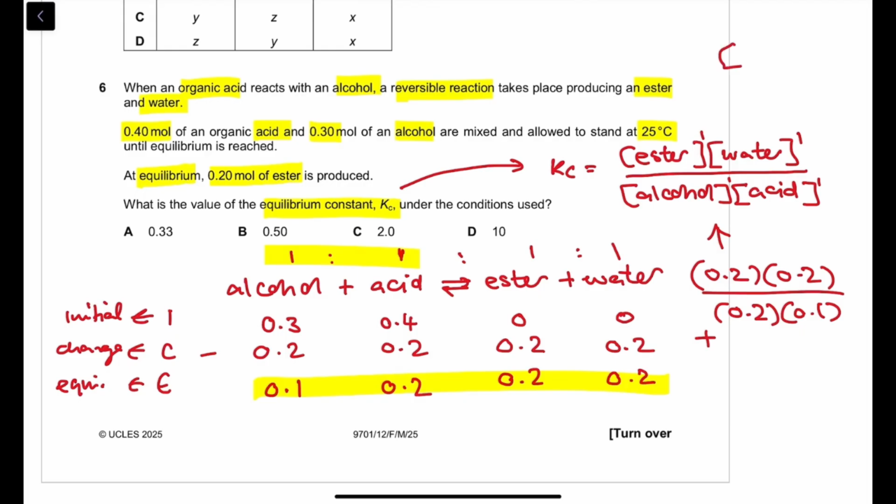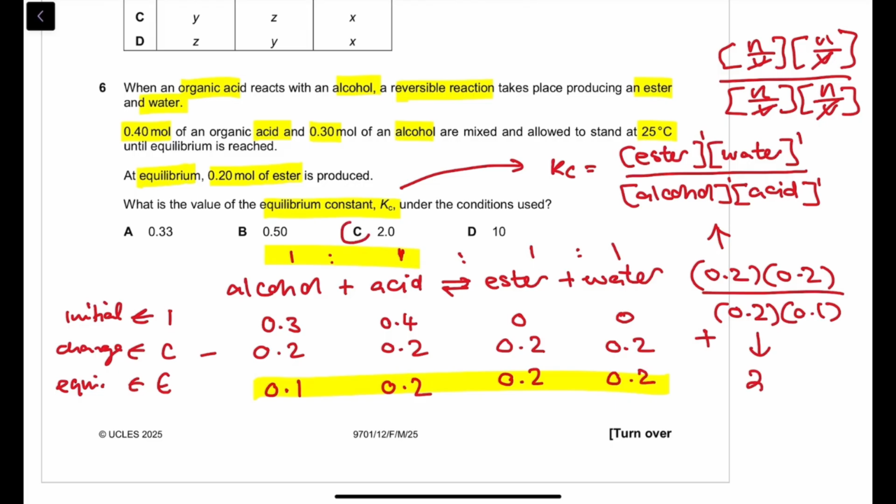So it would initially be like this. And you find that the volumes cancel out, so we don't actually need to know the volume for this, and we will still get the same answer. Now, when we type this into the calculator, we end up with 2, therefore the answer must be C.